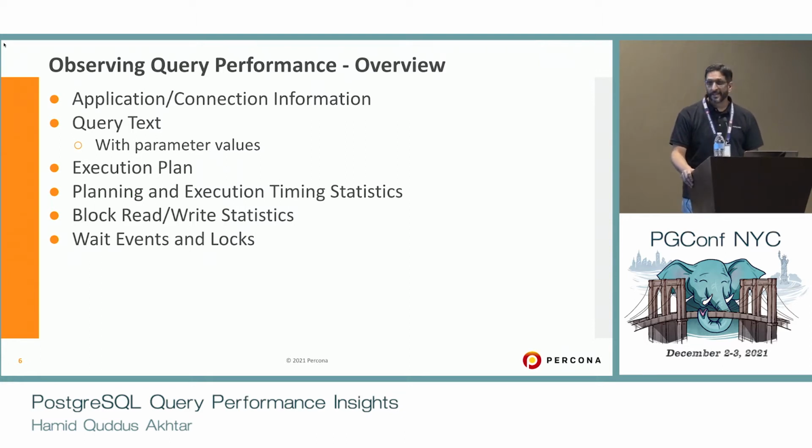Query text: some of the challenges that you'll see with query text or some of the tool extensions out there is that they do not provide you with actual parameter values. They provide you with placeholders. And those placeholders then become a challenge because you then have to go and figure out yourself what values were there.